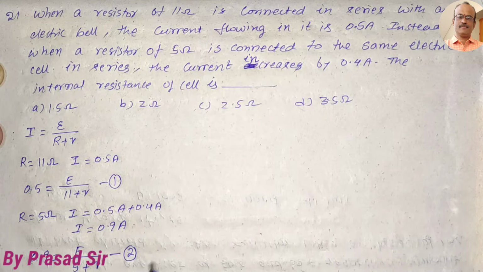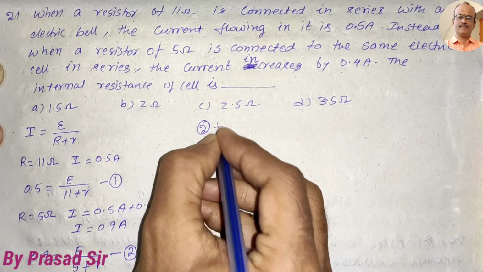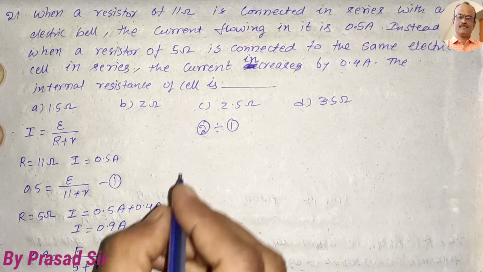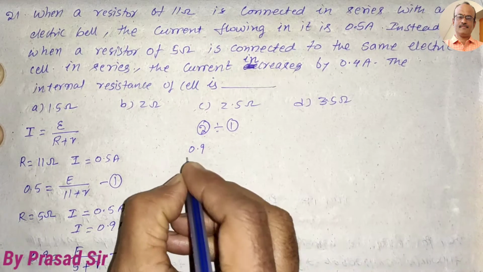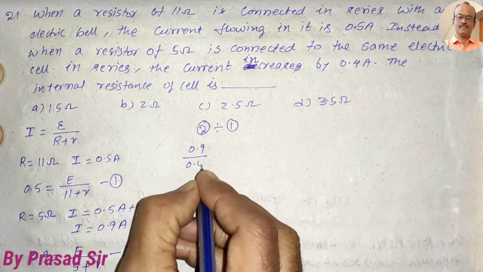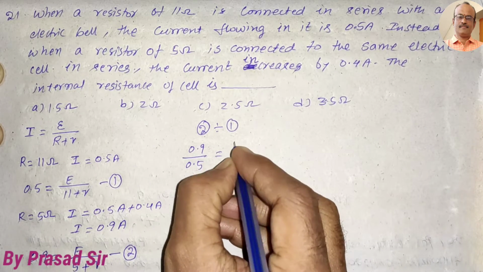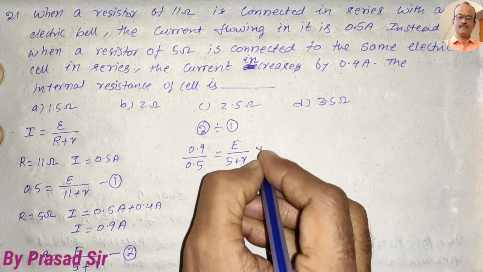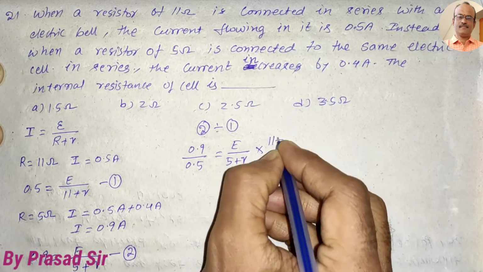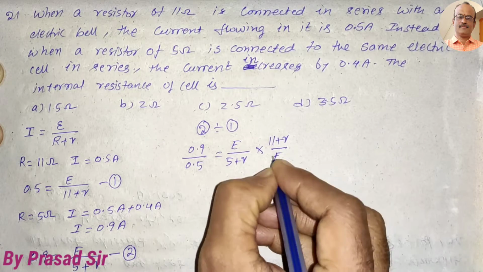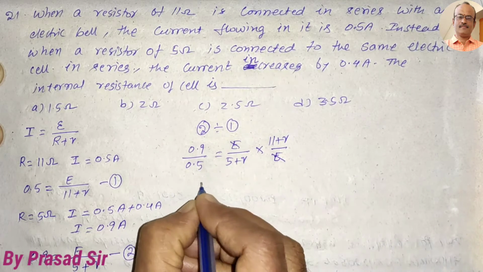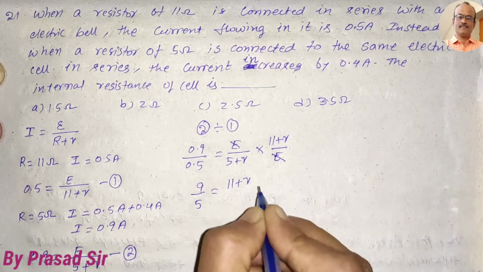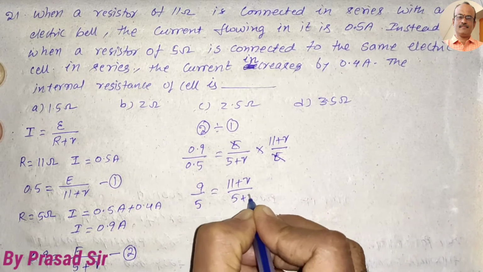Then what happens here? Equation 2 divided by 1. 0.9 divided by 0.5 is equal to E divided by (5 plus r) into (11 plus r) divided by E. First E gets cancelled and here 9 by 5 is equal to (11 plus r) divided by (5 plus r).